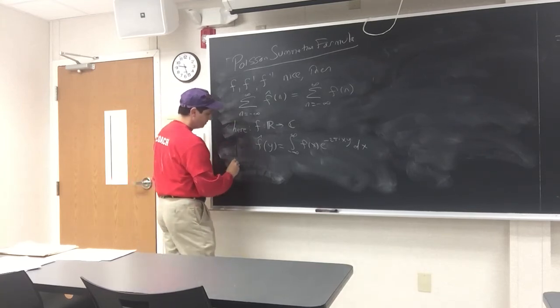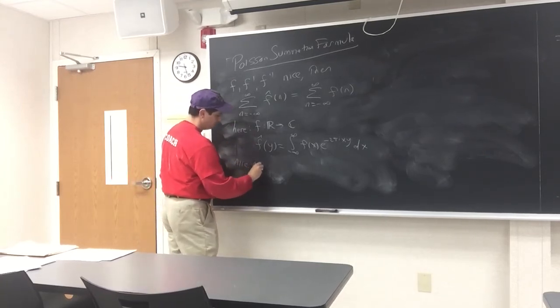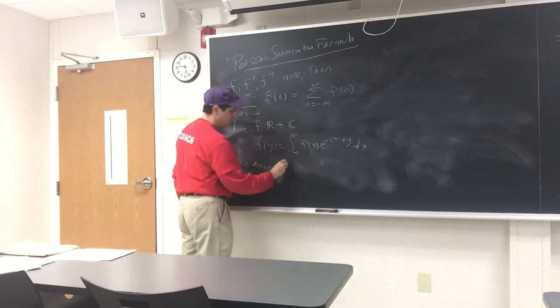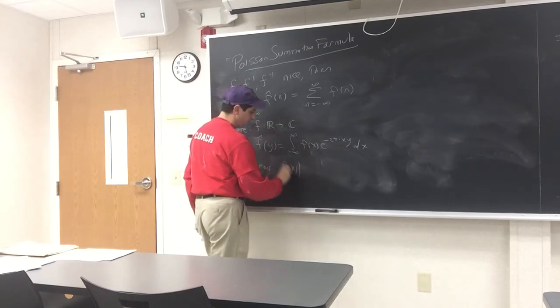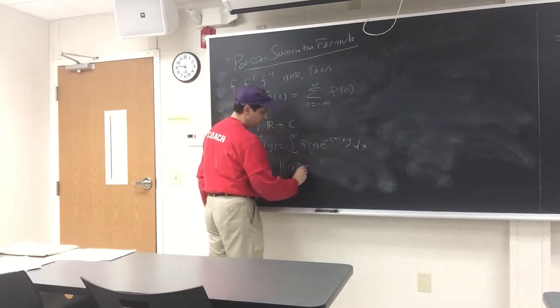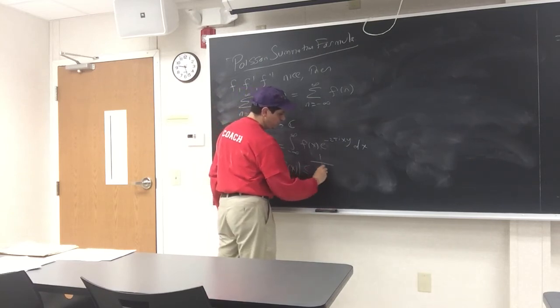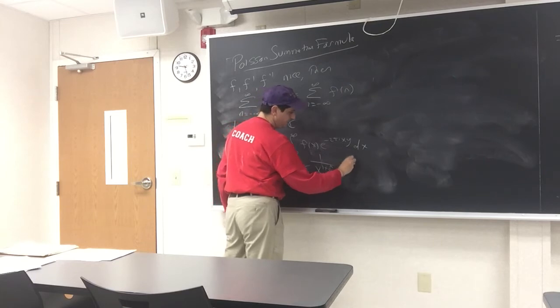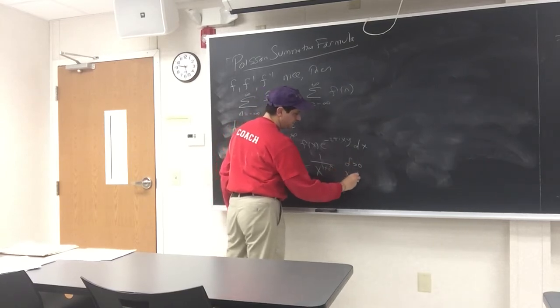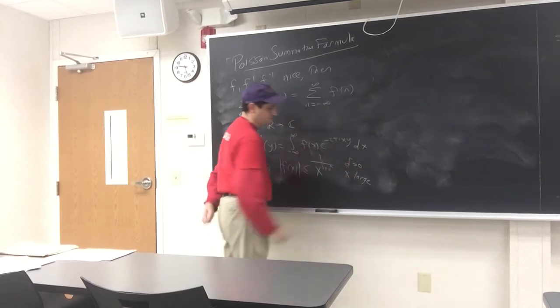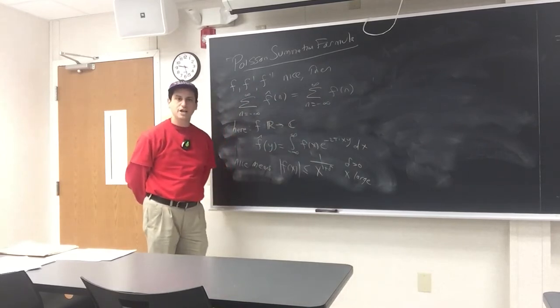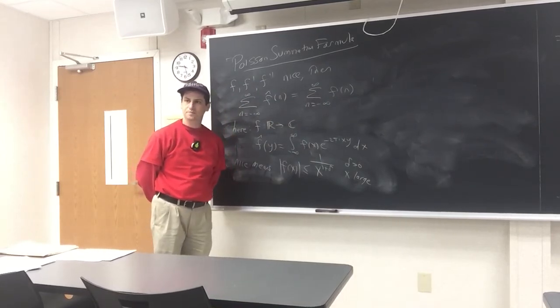All right, so we look at f hat like this. And nice means that the absolute value of f of x is less than or equal to 1 over x to the 1 plus delta, delta greater than 0, x is large. So what it means is my function has reasonable decay at infinity.